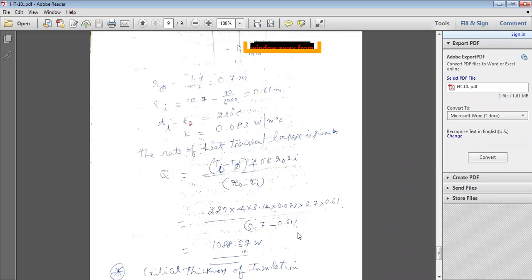If you simplify this, the heat transfer rate is capital Q only, because we are considering the area also here. This formula can be used for a sphere. After calculation, you will get the heat transfer rate Q equal to 1088.67 watts.